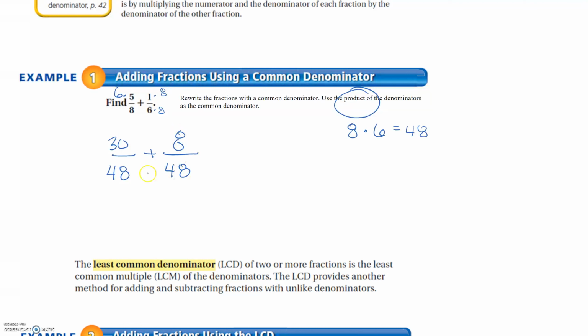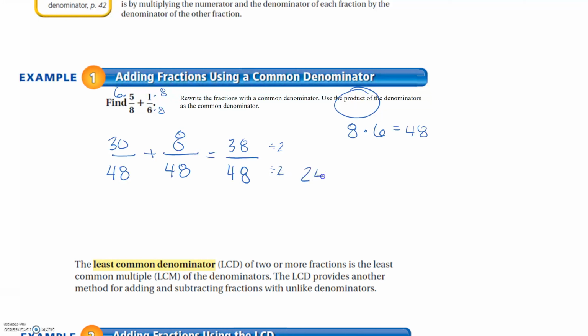Okay? So now that I have common denominators, I can go ahead and add my numerators and keep my denominator of 48. So 30 plus 8 gives me 38. Then I would want to try to simplify this if at all possible. Since I have 2 even numbers here, I can actually simplify that. I'm going to start by dividing by 2.